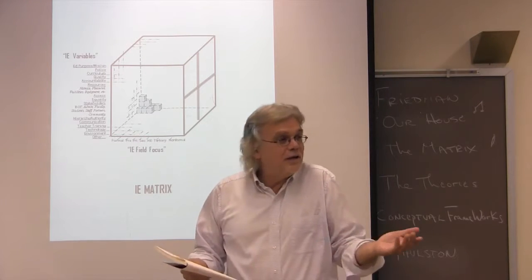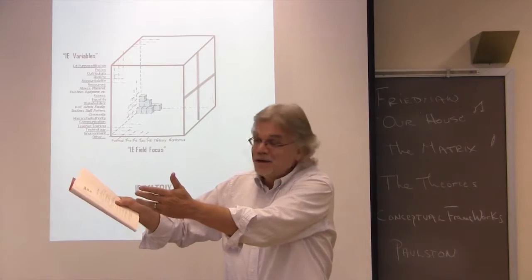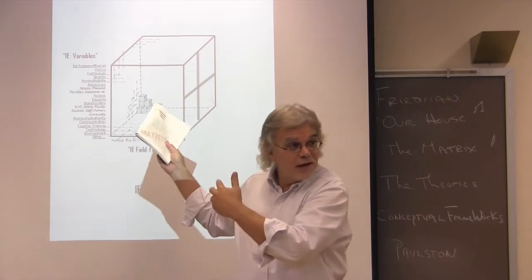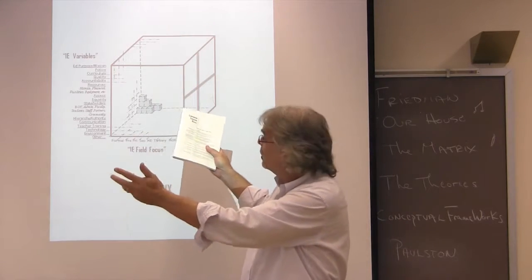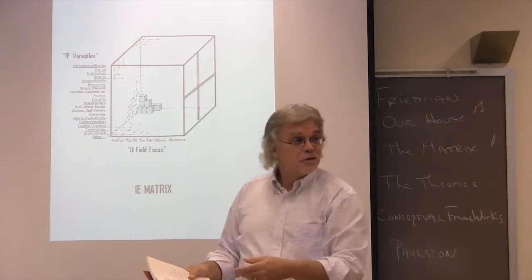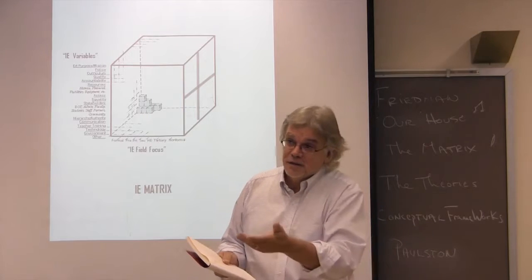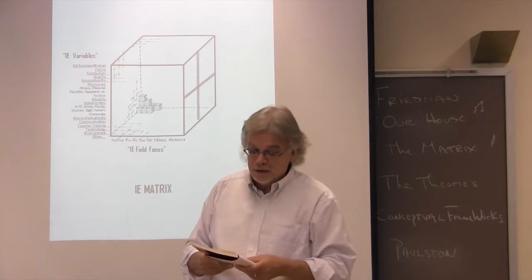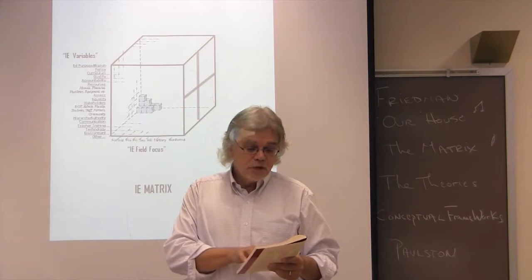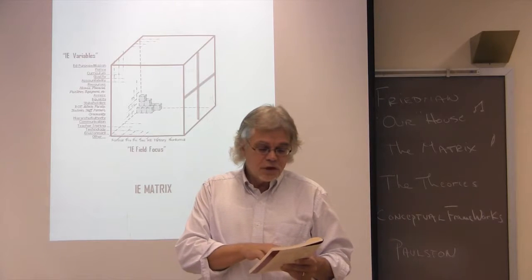Here, you can do the same sort of analysis with regard to what you put up on the matrix in terms of variables, just by looking at the title and seeing whether you even want to read the article or not.